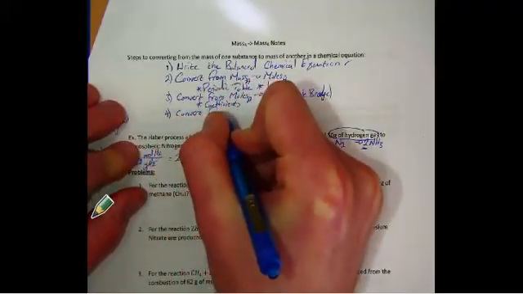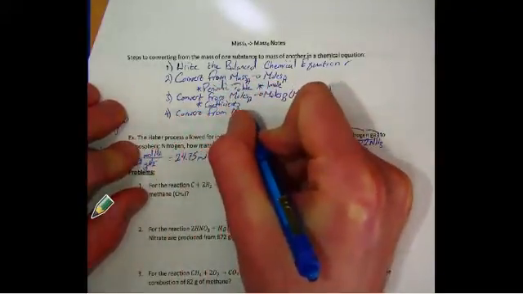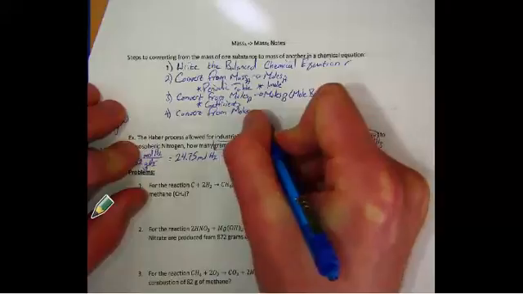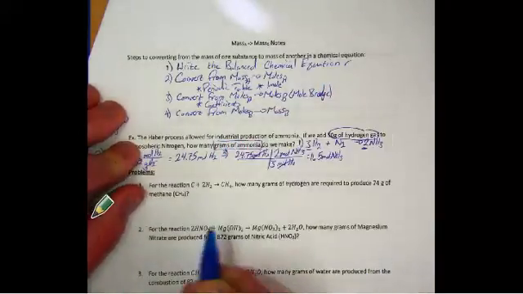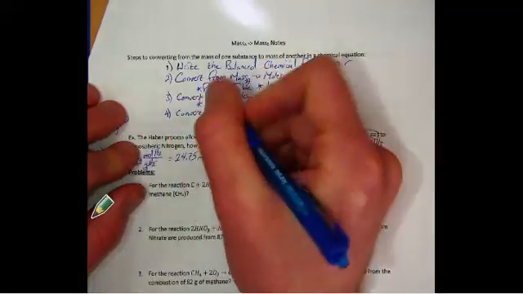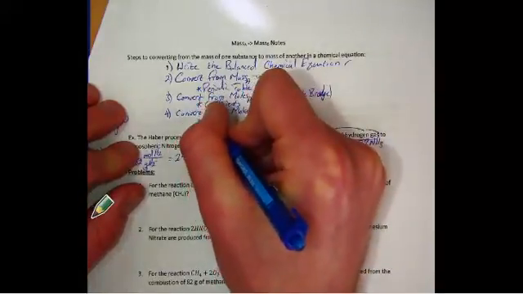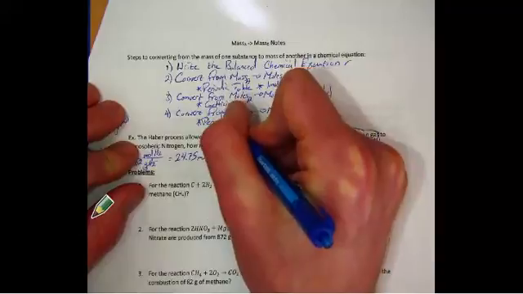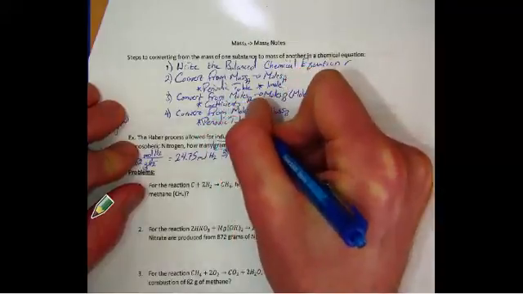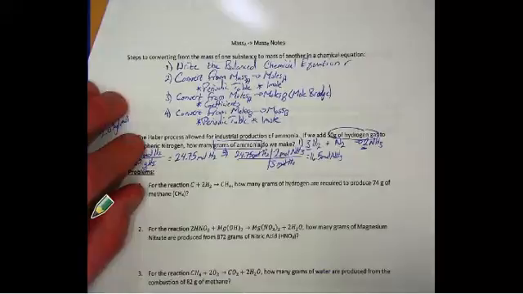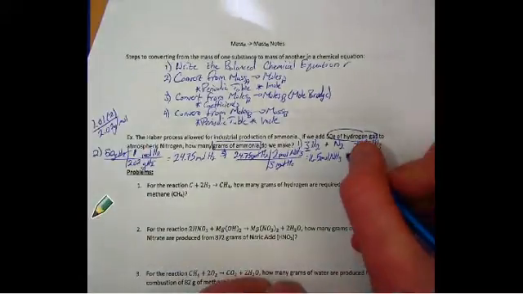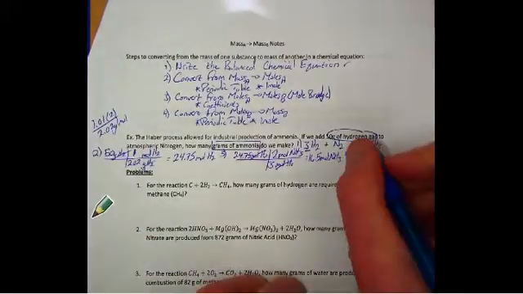So we're going to convert from moles of B to mass of B. Now this process will look oddly familiar because again we're going to get our molar mass from our periodic table, and again we always use 1 mole. All right, so over here, step 4.